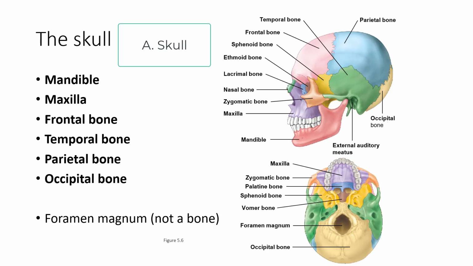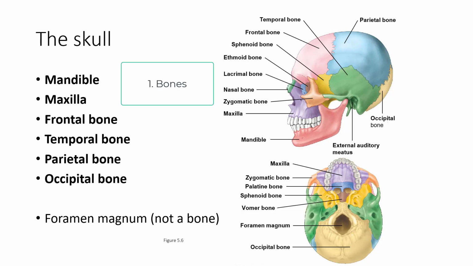So let's look at the skull. I would like you to know the bones in bold for this skull. The mandible, or lower jawbone, will hold teeth and is used in chewing. The maxilla, or upper jawbone, makes up a sizable portion of the face and holds teeth used for chewing. The frontal bone is located on the forehead and is directly above the frontal lobe of the brain.